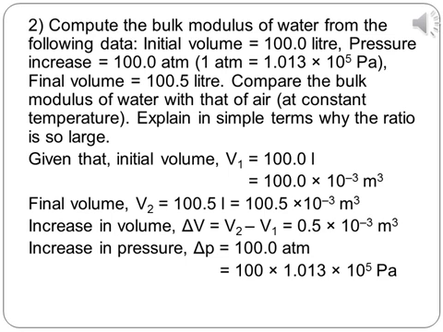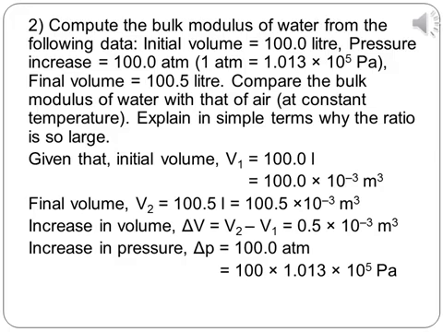Then increase in volume delta V is equal to final volume minus initial volume, is equal to 100.5 into 10 to the power of minus 3 minus 100 into 10 to the power of minus 3, is equal to 0.5 into 10 to the power of minus 3 meter cube.